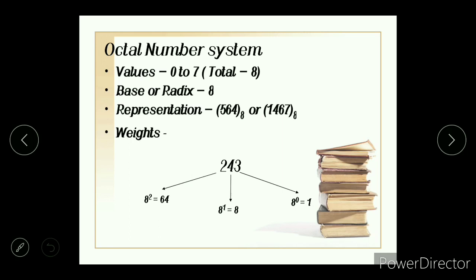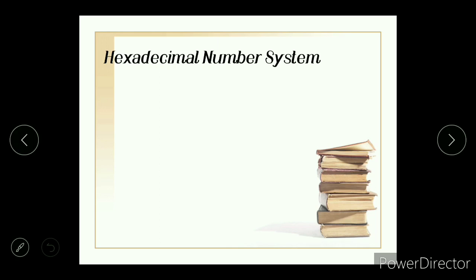Similar to octal, we have the next number system, that is hexadecimal number system. Octal number systems were very famous till hexadecimal number systems were invented. After hexadecimal were invented, they were more used because they have more symbols in them as compared to octal. Here hex means 6 and deci means 10, correct.